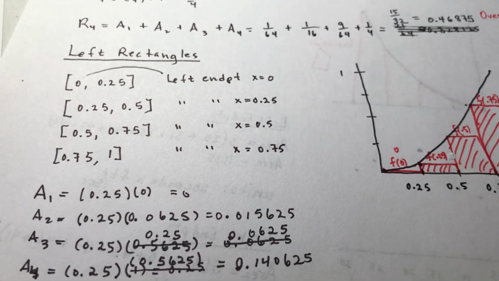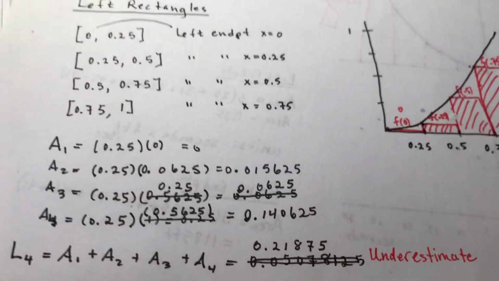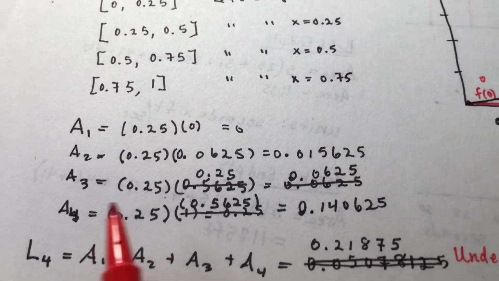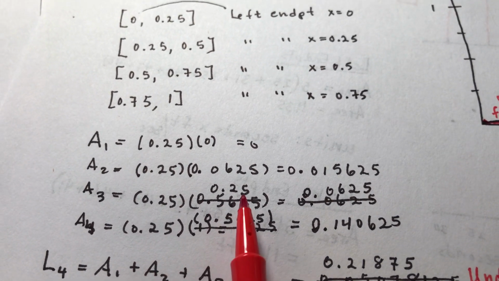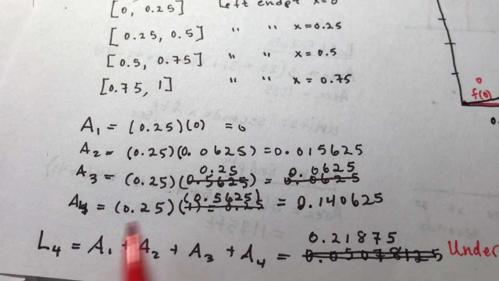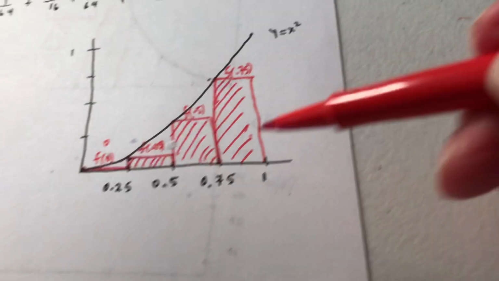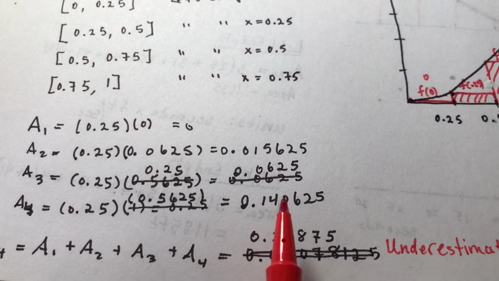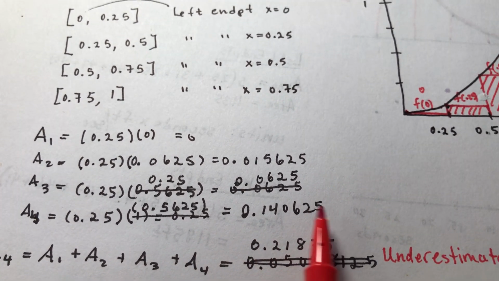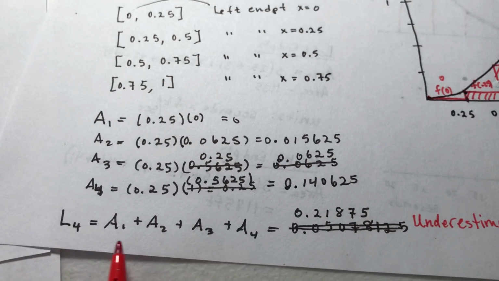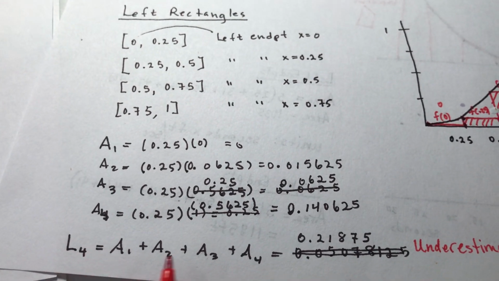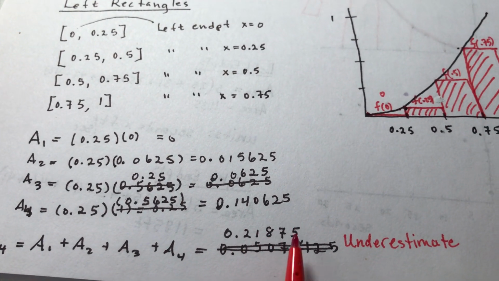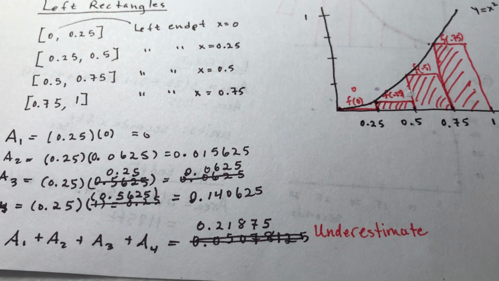Now, since we're doing estimates, I'm going to go ahead and take the decimal places all the way. And 0.25 times f of 0.5 gives 0.0625, and 0.25 times f of 0.75, which is 0.5625, gives 0.140625, and I add those, and that gives you your L4, which is 0.21875, and that is an underestimate.